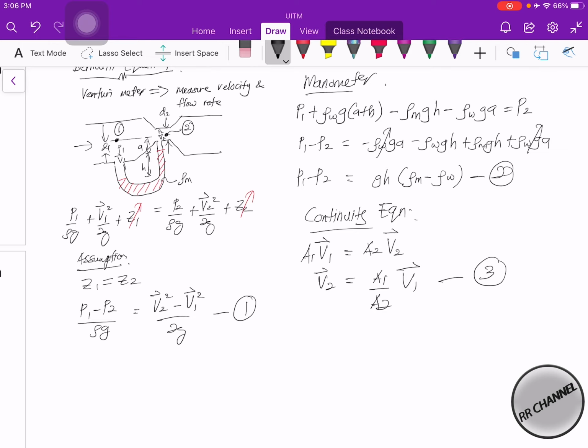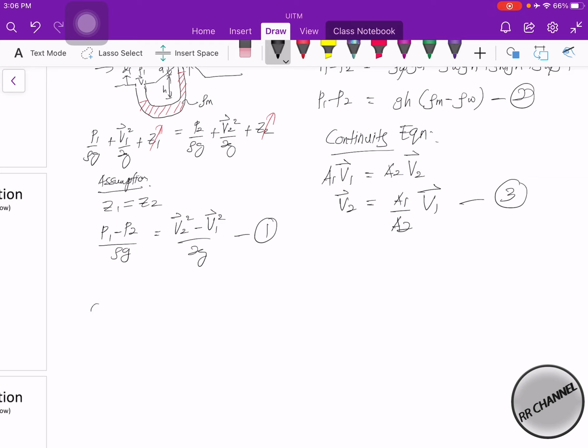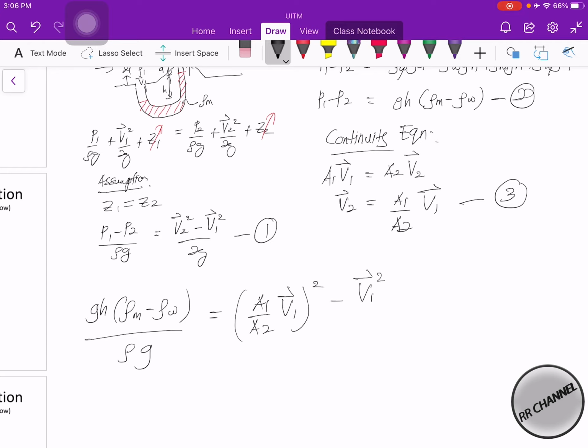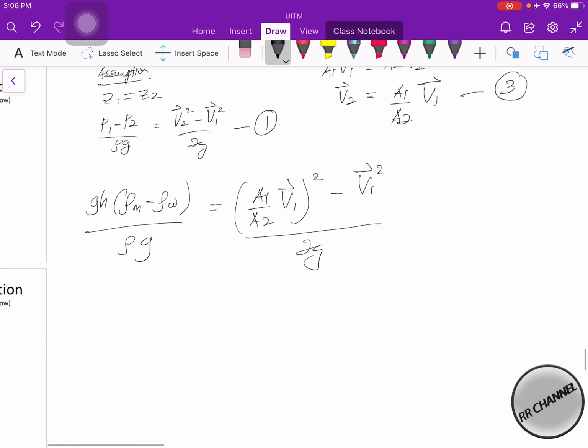We put 2 and 3 into 1. What we get is g h times rho mercury minus rho of the water, divided by rho g, equals V2 square, A1 over A2 times V1 square, minus V1 square, divided by 2g. Our target is to get V1 and V2, because this Venturi meter is used to measure the velocity, and then we can calculate the volume flow rate.